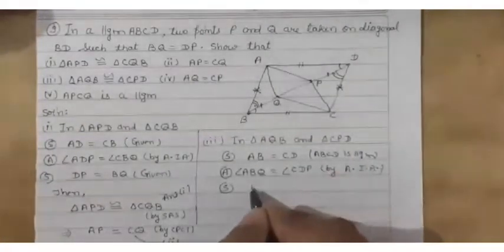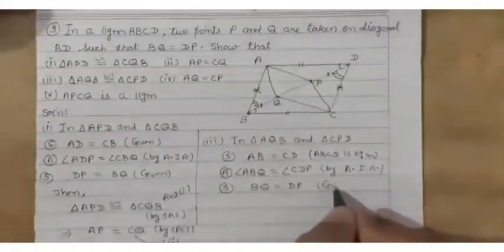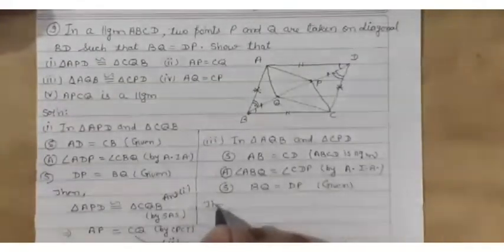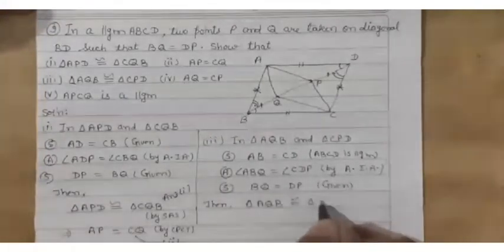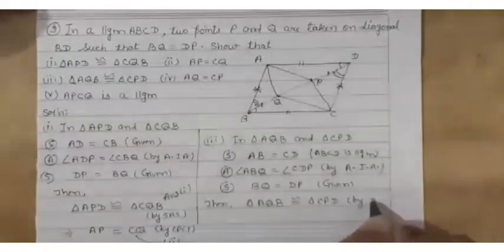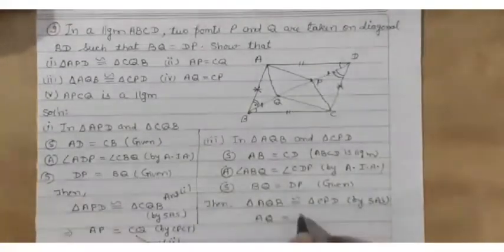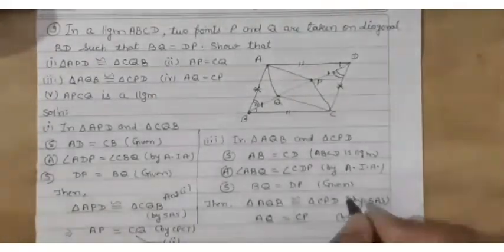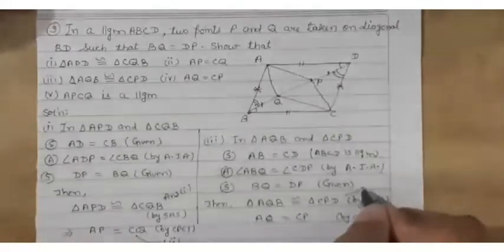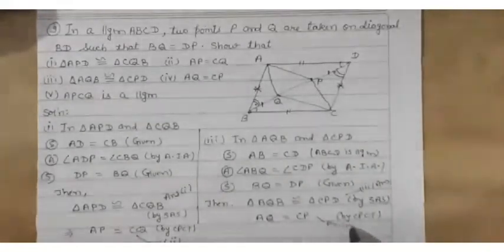It is given to you. Then triangle AQB will be congruent to triangle CPD by SAS rule. And with the help of this you can say AQ is equal to CP, by CPCT. This is your third answer and this is answer number 4.